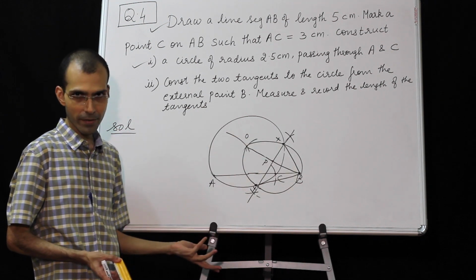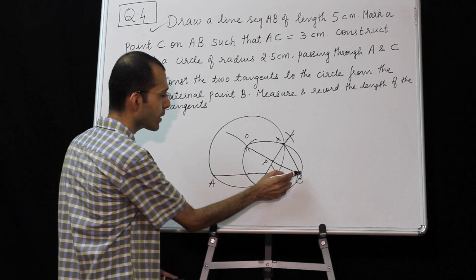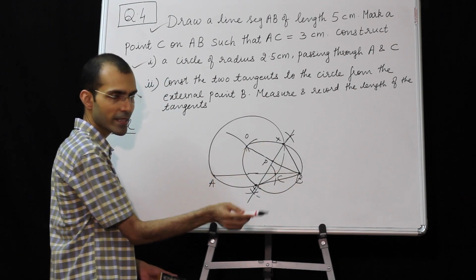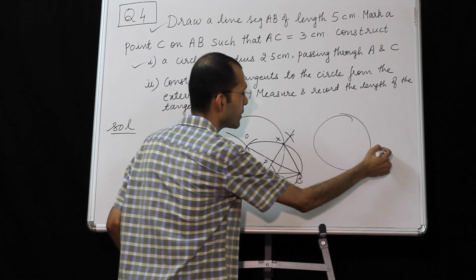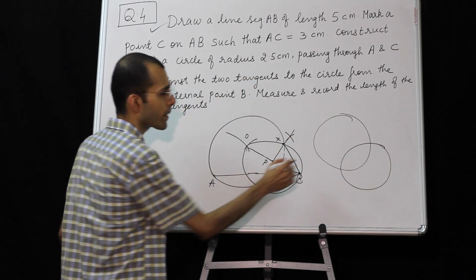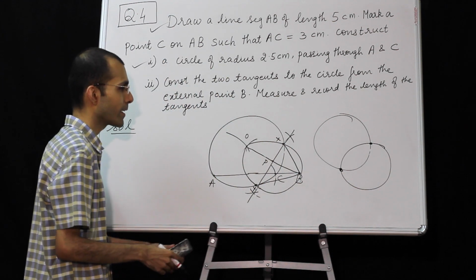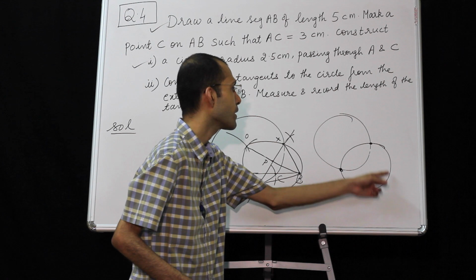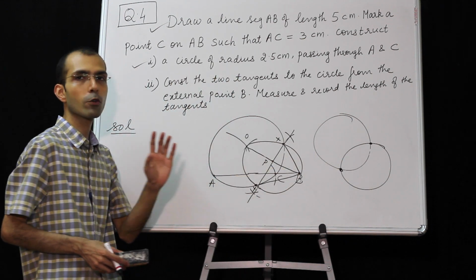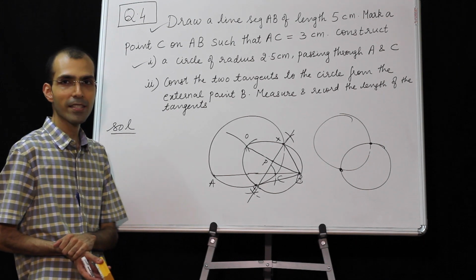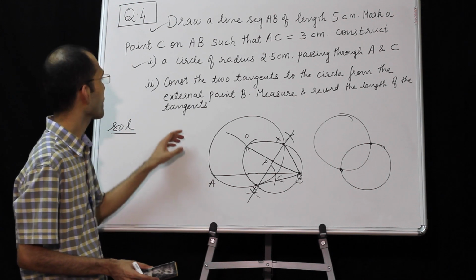Locate those two points, simply by observation, and from this external point B, join with a scale. So BX and BY would be the two required tangents drawn to the original circle.